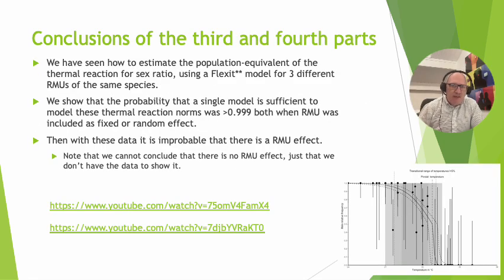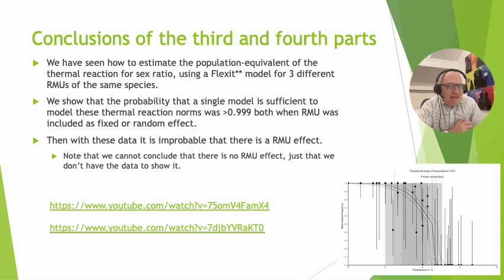In the third and fourth parts, we have seen how to estimate the population equivalent of the thermal reaction norm for sex ratio using a flexit double star model for 3 different RMUs of the same species, and we showed that the probability that a single model is sufficient to model these thermal reaction norms was higher than 0.999, both when RMU was included as a fixed or random effect.